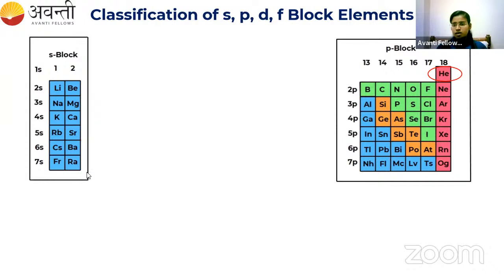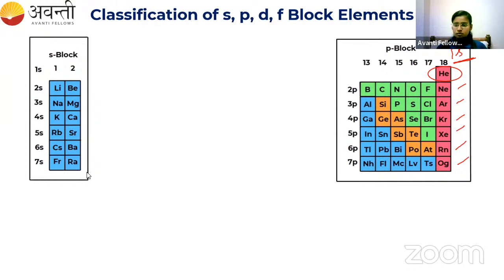For helium, 1s2 is the configuration. We don't have a p orbital for helium, but it resembles the noble gases, neon, argon. So its behavior is similar to the other noble gases. That's why we have kept it here. But helium is an exception. It is not a P block element.